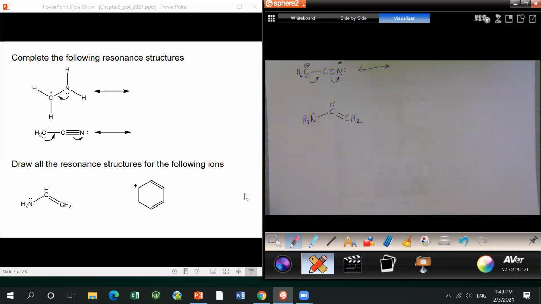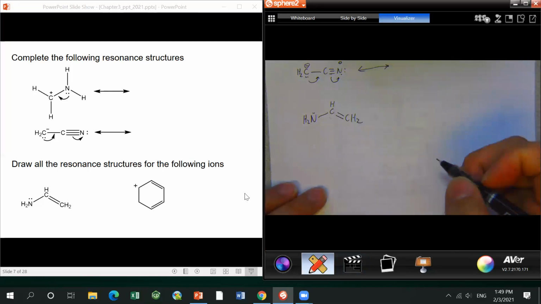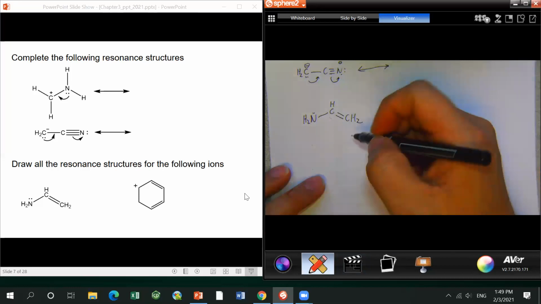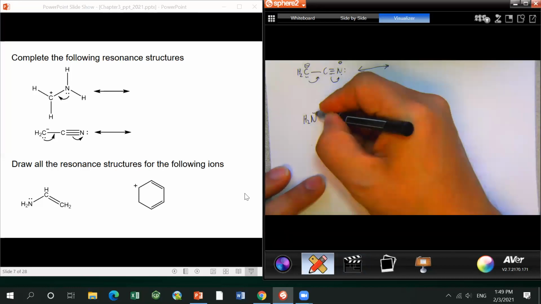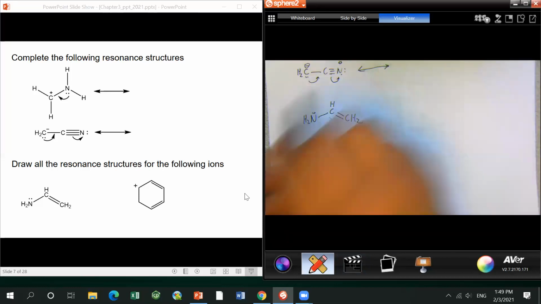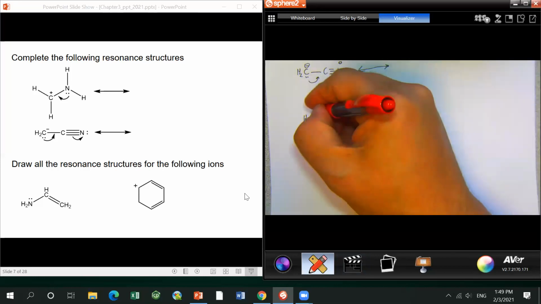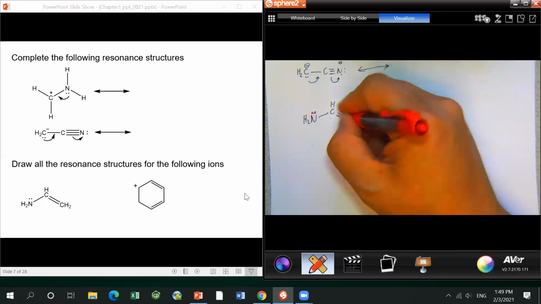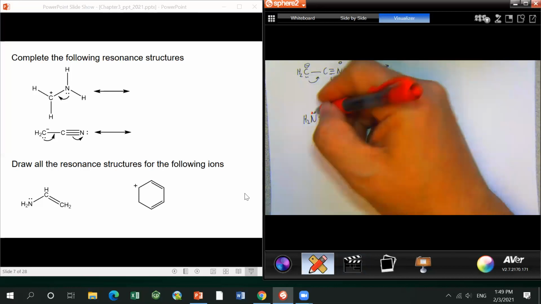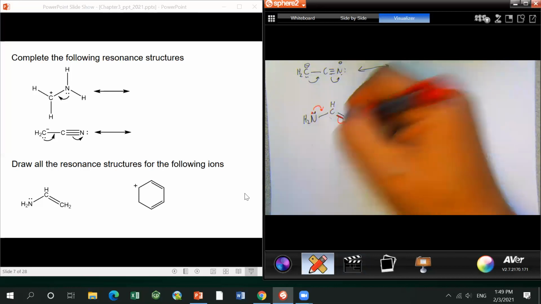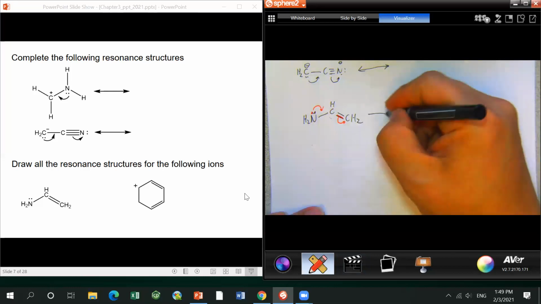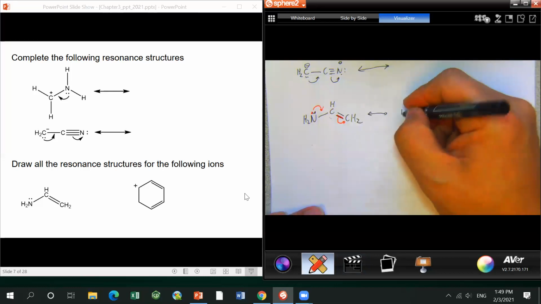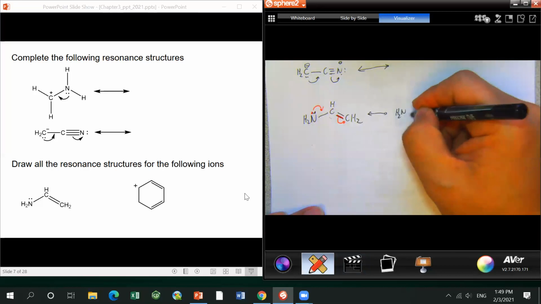Okay, so now we do this one. That's the lone pair electrons next to a pi bond. Remember you need to find all the lone pair electrons, pi bonds, and empty p orbitals. This one has a lone pair next to a pi bond, so you shift twice and generate a resonance structure.